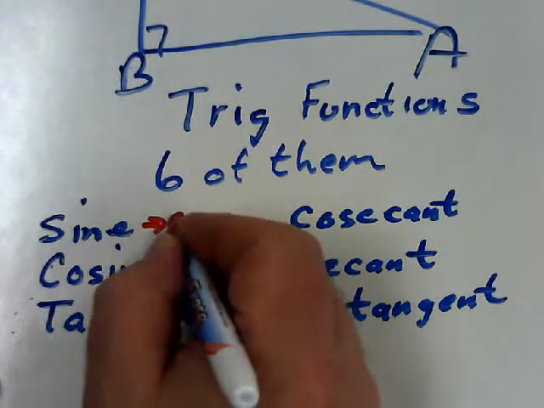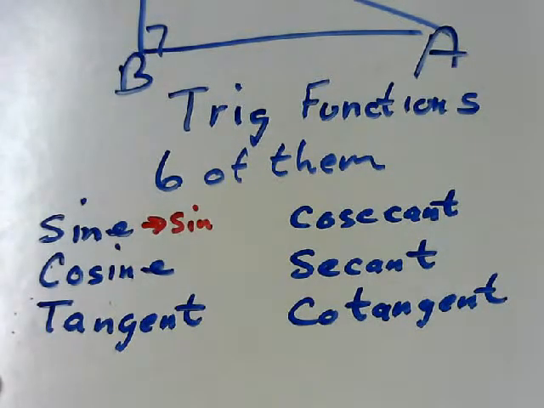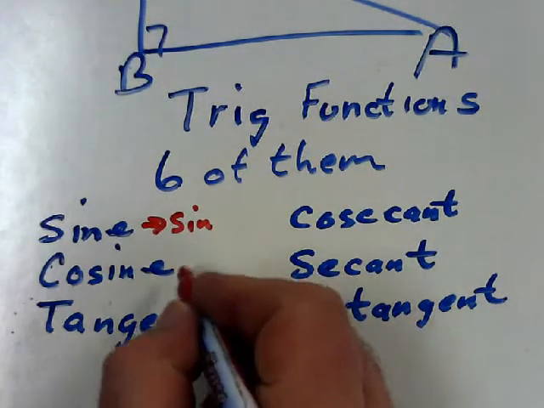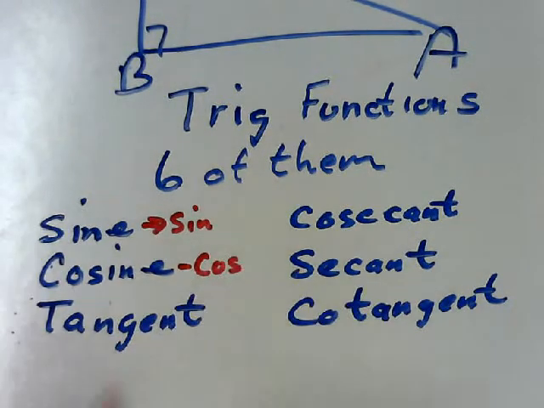Now, they do give these abbreviations. This one is called sin, which we call sine. So if you come in here and say, I can't find the sin, well, I can tell you probably where you need to look. The Bible, I don't know. Why would you look in the Bible for sin? Cosine, the 3-letter abbreviation for cosine is COS.